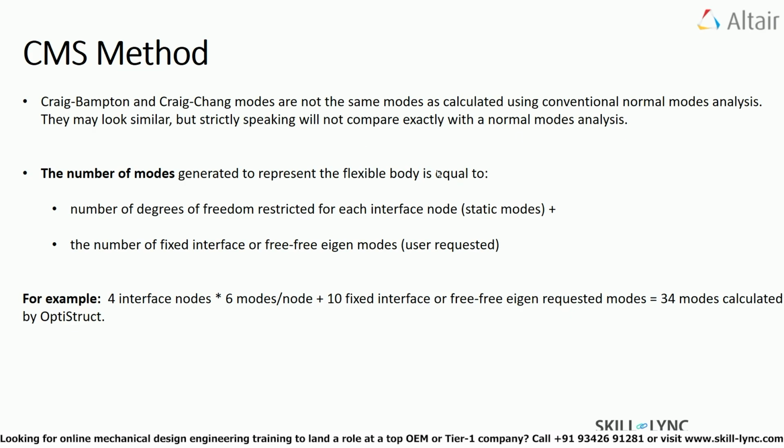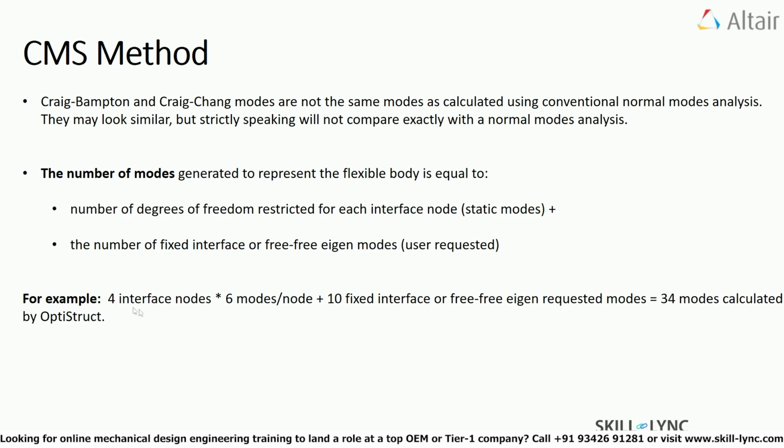Now let's see how we can calculate the number of modes generated to represent a flexible body. It is equal to the number of degrees of freedom restricted for each interface node, which are nothing but the static modes, in addition to the number of fixed interface or free eigenmodes that are requested by the user. Let us consider an example to make things more clear.